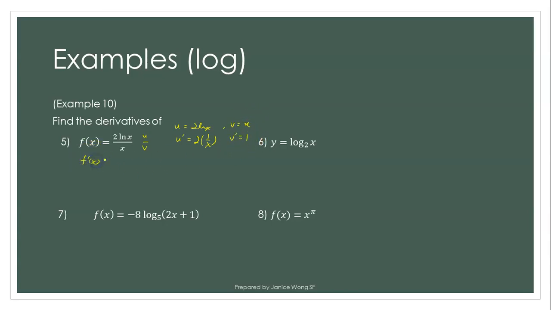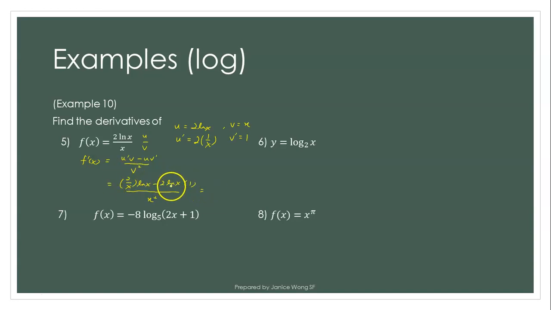So the derivative for number 5 will use the quotient rule, u prime v minus u v prime over v squared. Let's substitute: u prime v is 2 by x times x, minus u, 2 ln x, times v prime, which is 1 here, over v squared, x squared.